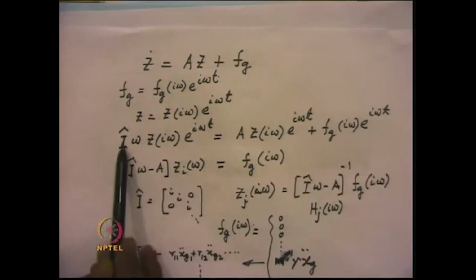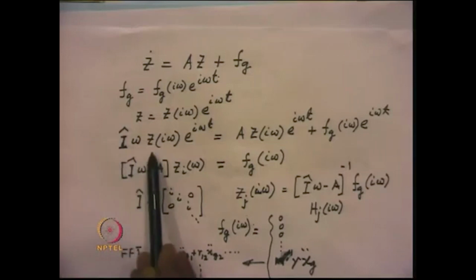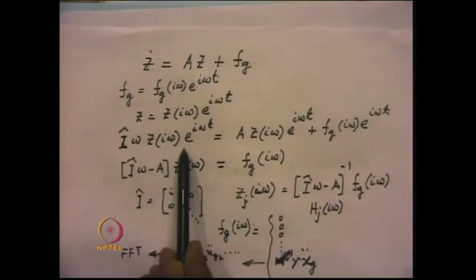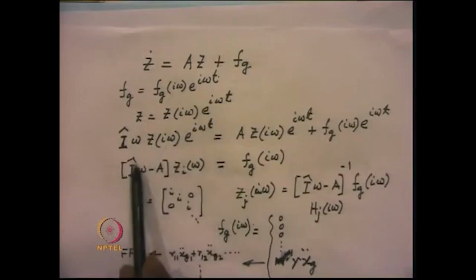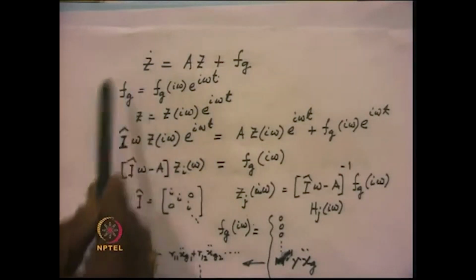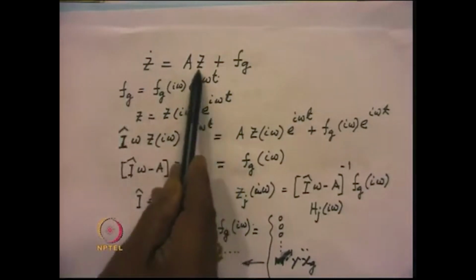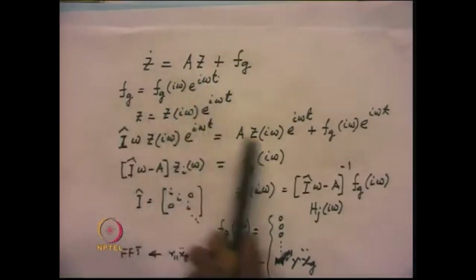This is the definition of your I cap, with omega multiplied by Z(i omega) e to the power i omega t. So, that becomes the Z dot.